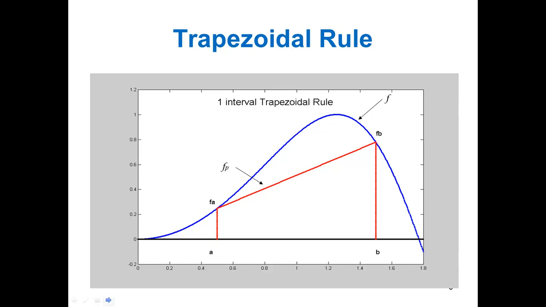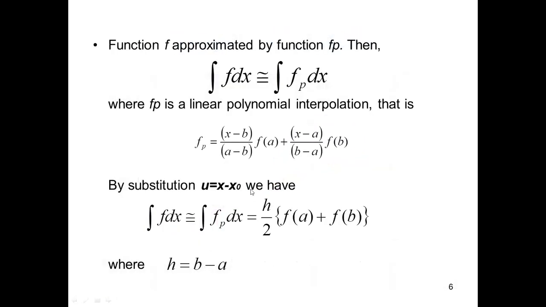Isa lang, kung sa aton language, isa lang ka-trapezoid ang gimbutang mo under the curve to approximate its area. Now, the process of deriving the formula for the trapezoidal rule uses linear polynomial interpolation. I think everybody knows how to interpolate.